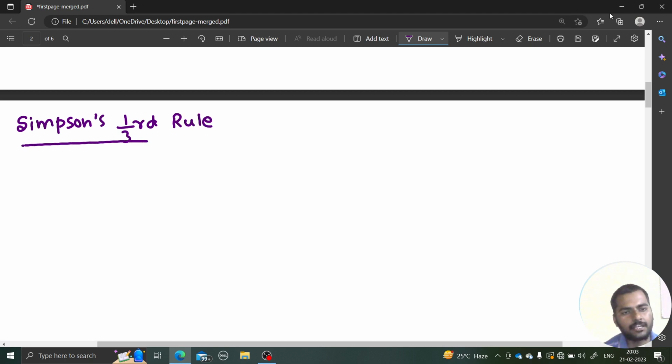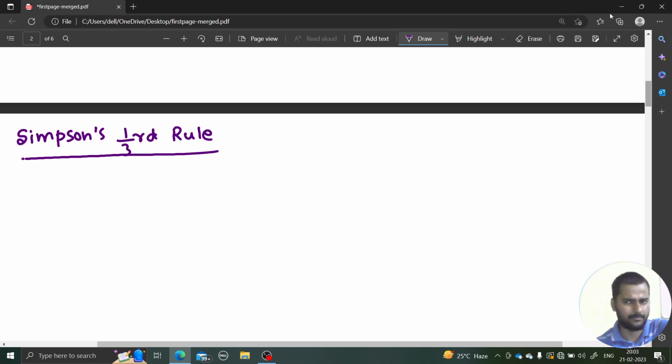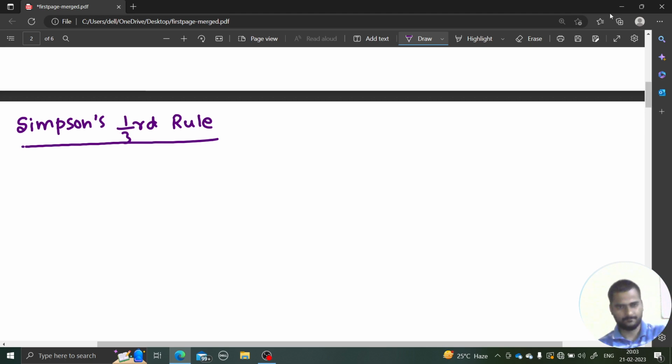It will take multiples of 2 intervals, but because we have already divided the interval into 6 parts, which is of course even or a multiple of 2. So again, the same integral from 1 to 2 of 1 upon x dx can be written as h by 3.